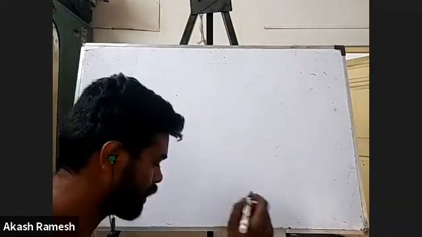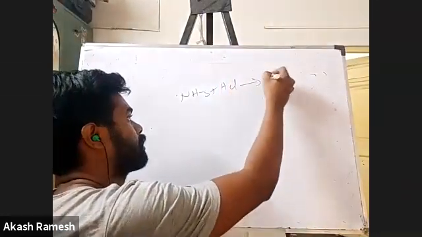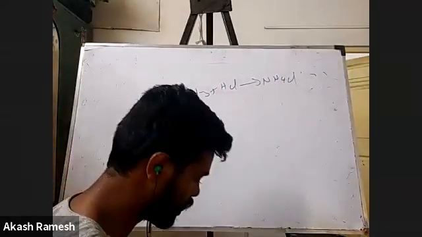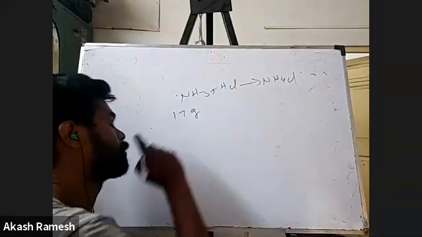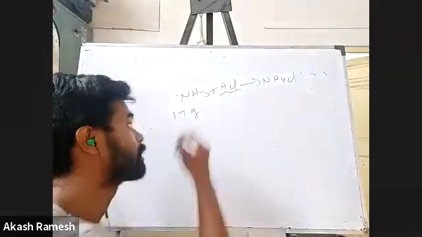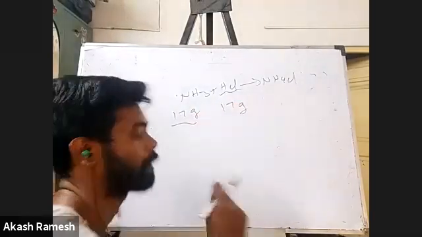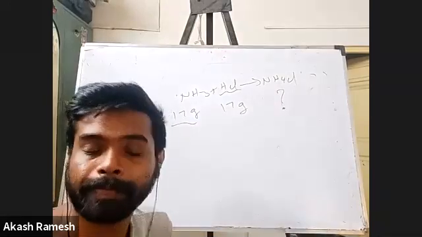So they're telling that I have this reaction, NH3 plus HCl gives NH4Cl, and that 17 grams of ammonia is mixed with the same amount of HCl, in the sense that 17 grams of this reacts with 17 grams of this. They're asking you how many grams of NH4Cl is formed. Go for it.